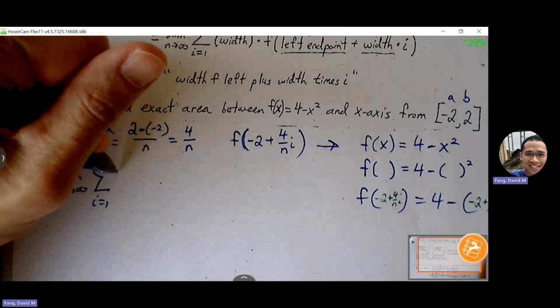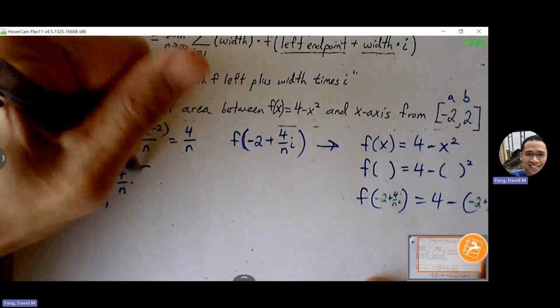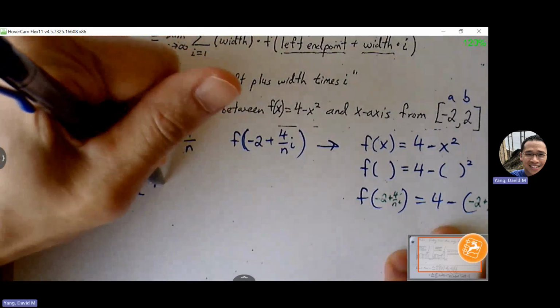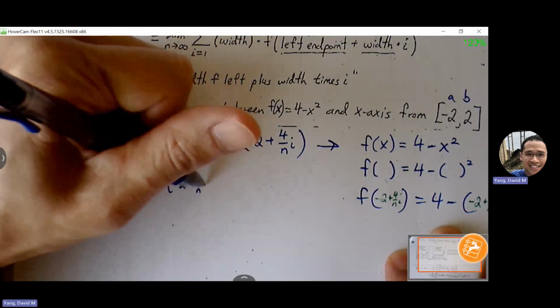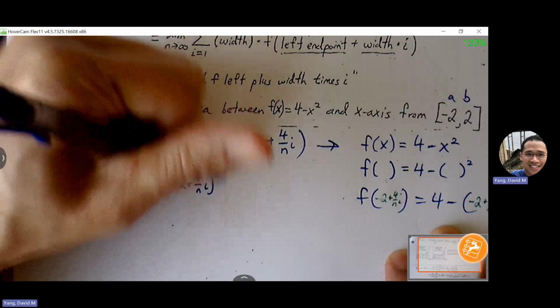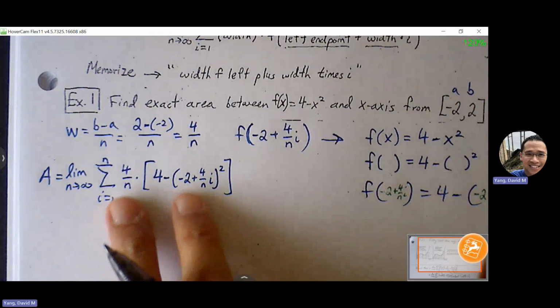My width is 4 over n times my height component, which is now 4 minus (-2 plus 4 over n i) squared. Okay. Width and height.